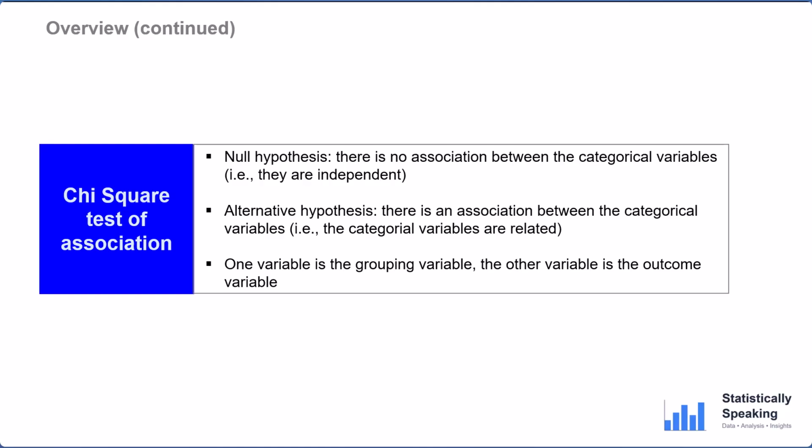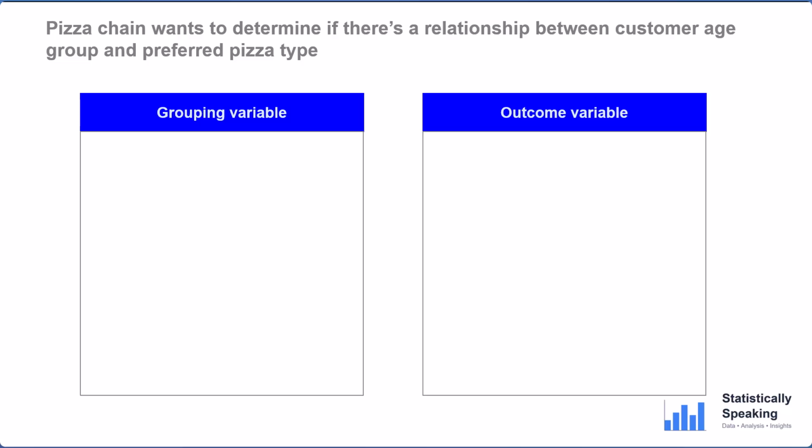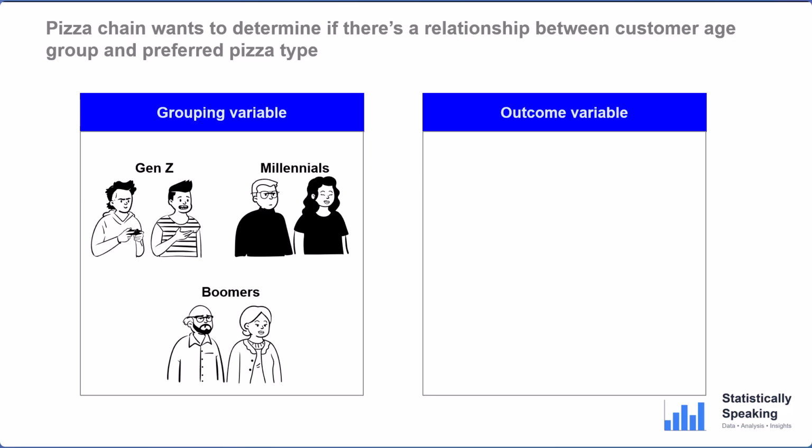Now let's see how to use this concept of grouping variable and outcome variable. Here is an example. There's a pizza chain that wants to determine if there is a relationship between customer age group and preferred pizza type. So in this example, the grouping variable becomes the customer age group. So there are Gen Zs, there are millennials, and there are boomers. This is the grouping variable.